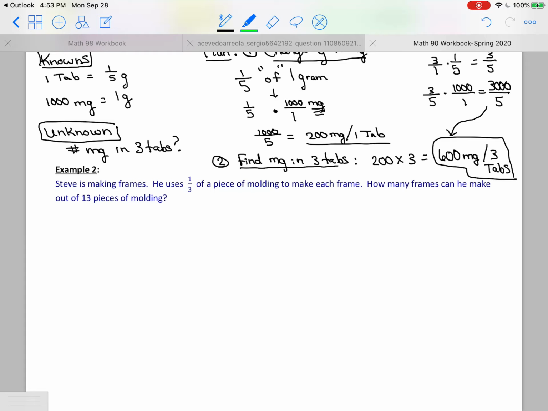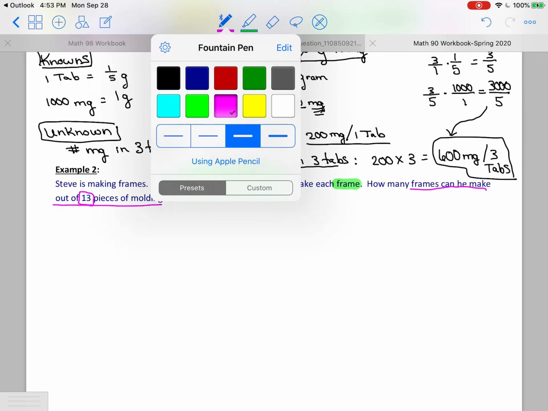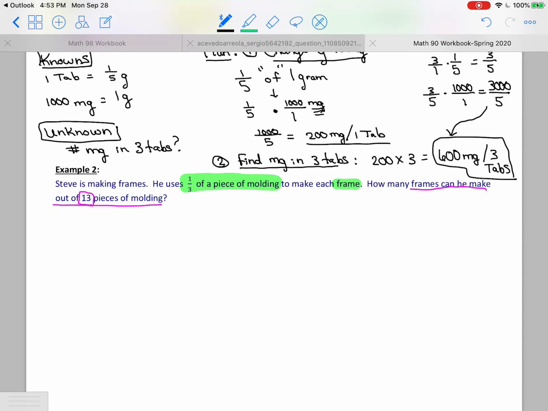All right, so let's kind of highlight important information and try to bring down what we know and what we don't know. Okay, I know that 1/3 of a piece of molding is equivalent to 1 frame. Right, that's really all I got right now. And it looks like what they're asking us is the number of frames that he can make out of 13 pieces of molding. So that's actually kind of important too. All right, so let's write down what we know.